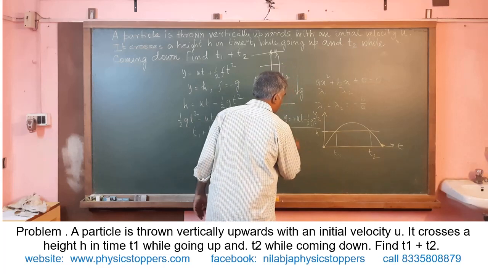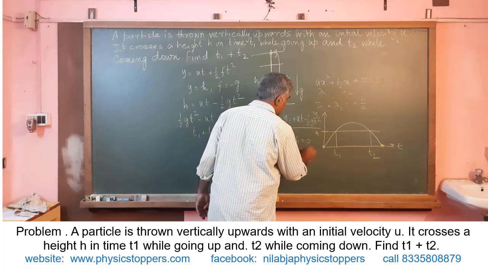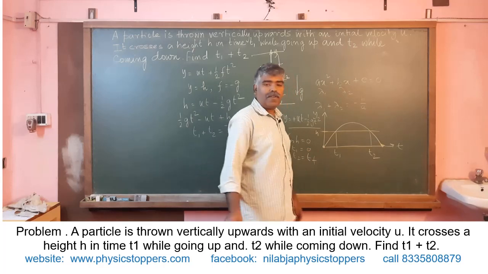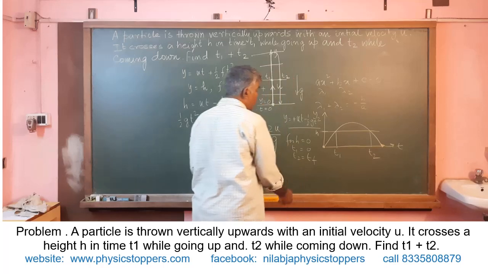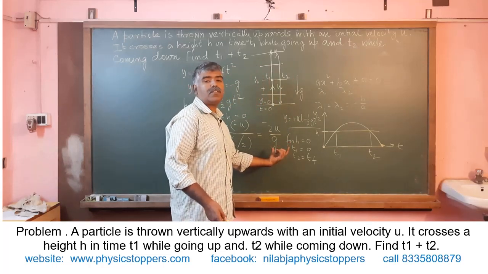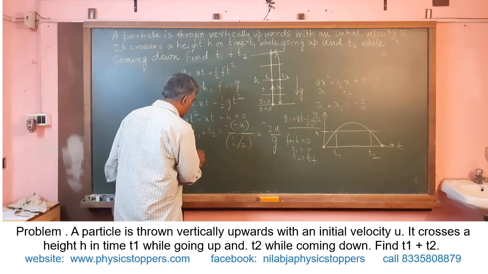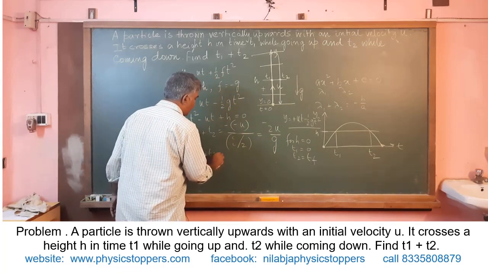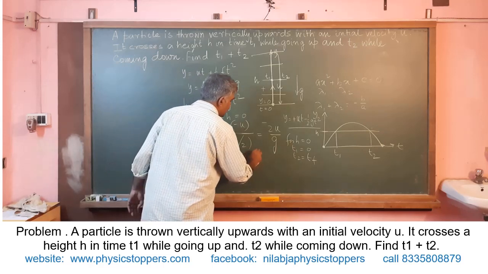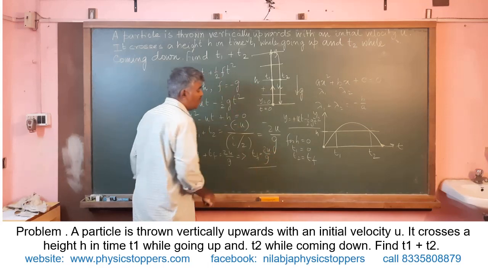So for h equals 0, t1 equals 0 and t2 equals tf. From this equation you can immediately find the time of flight: 0 plus tf is 2u over g, so tf is 2u by g.